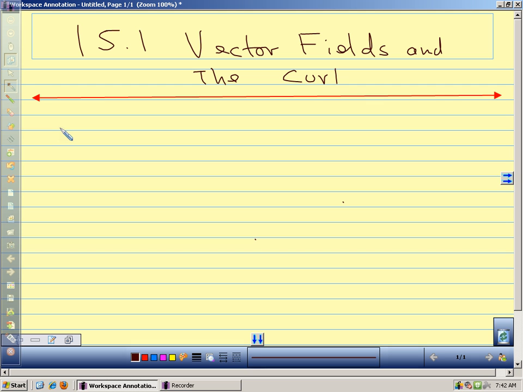A vector field assigns a vector to a point in the plane or a point in space. So that's the distinction here, a vector field assigns a vector to each point.